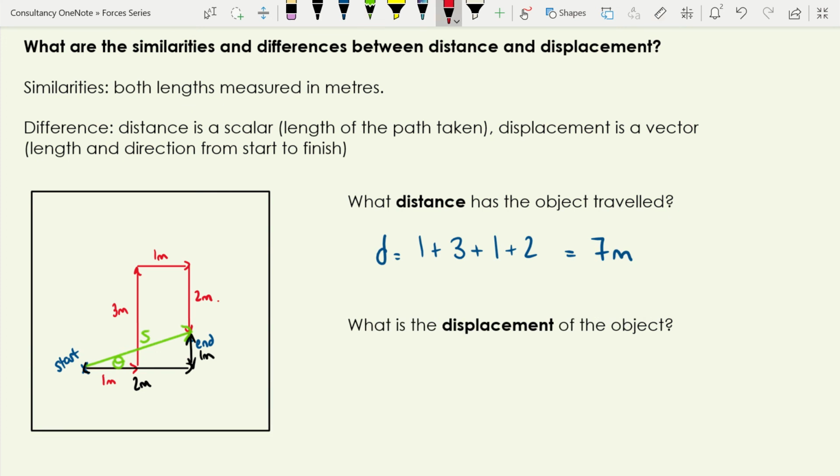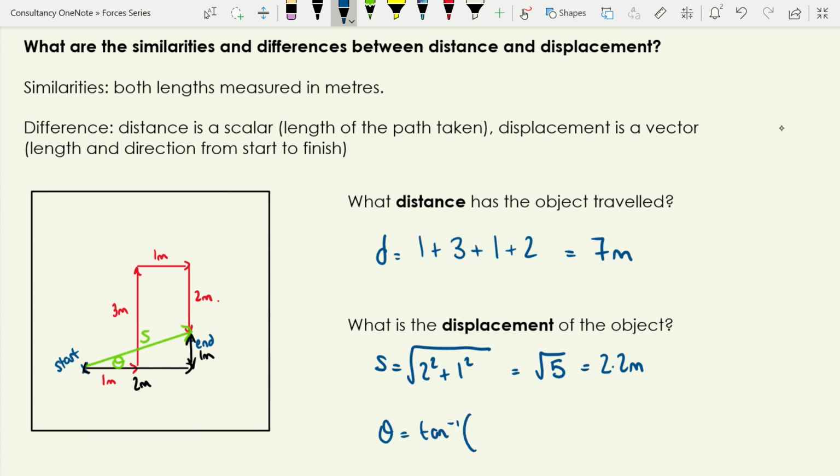So the displacement we can work out using Pythagoras is going to be the square root of 2 squared plus 1 squared. 2 squared is 4, and 1 squared is 1, so the square root of 5, which is 2.2 meters. Theta is going to be, I'm going to use tan, so the opposite side to that is 1.